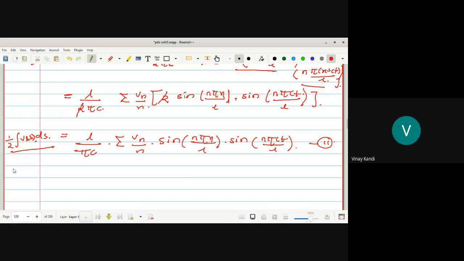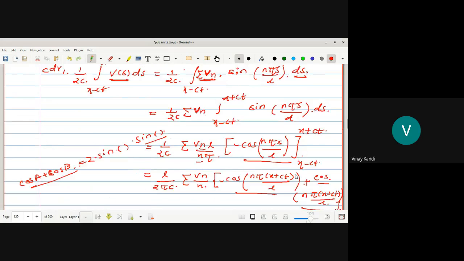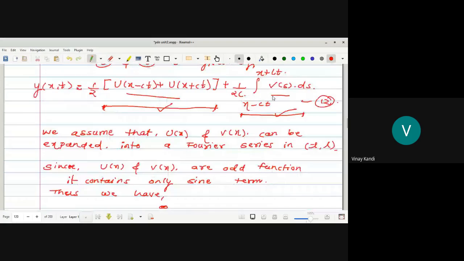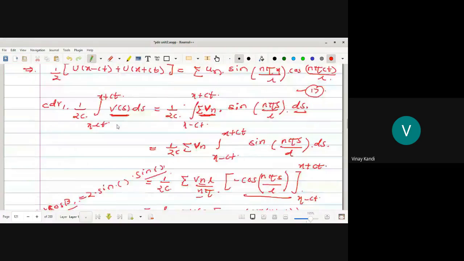Okay, so putting the values of 18 and 17 in equation number 12 ह्याच्यात put करा. Okay, we get the required result.